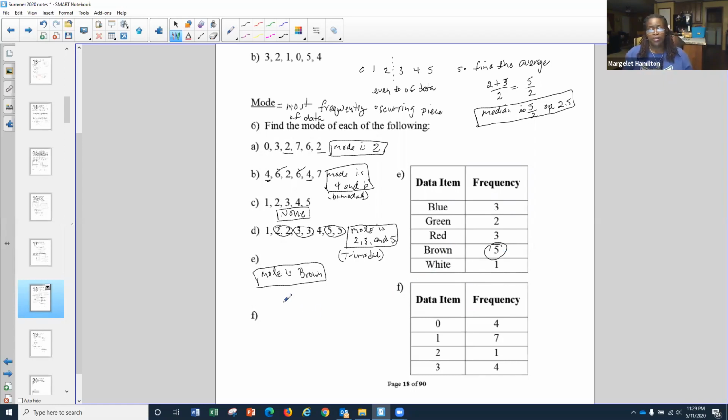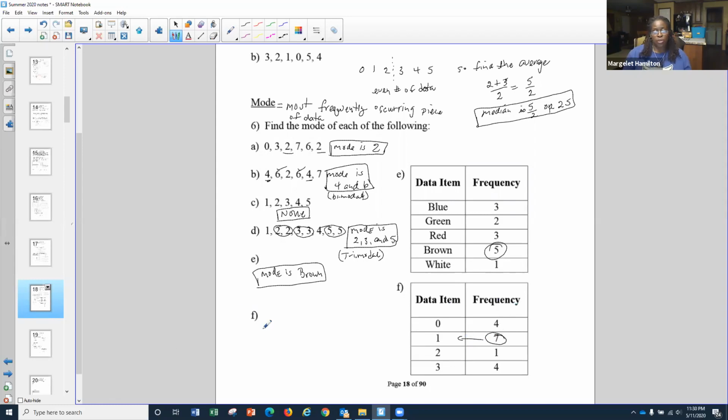All right, F. Here's another frequency table. Here's our data items 0, 1, 2, and 3. All right, tell me what is my mode based on this data in this frequency table. We can clearly see that the number that appears the most is 1 because it appears 7 times.